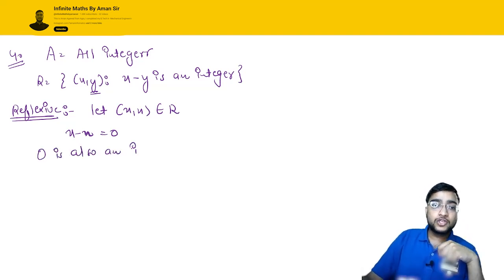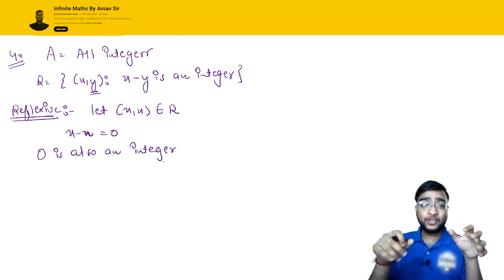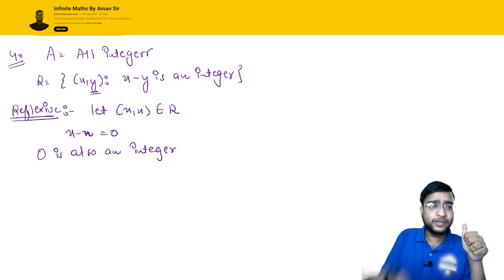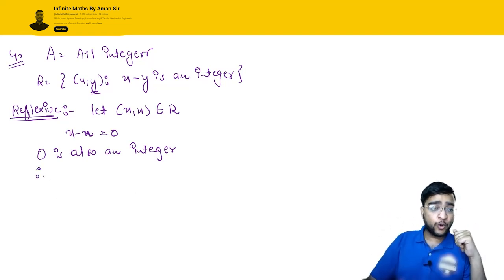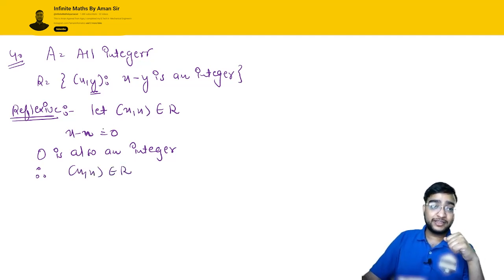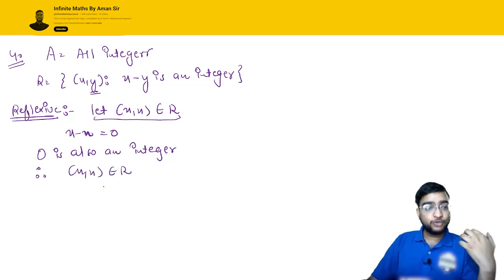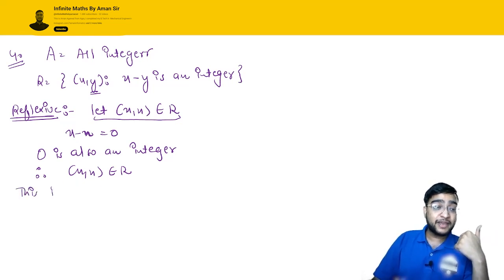So x comma x belongs to my R. This is the condition I'm proving, and finally I can say that therefore x comma x belongs to my relation here. So this is my reflexive one.